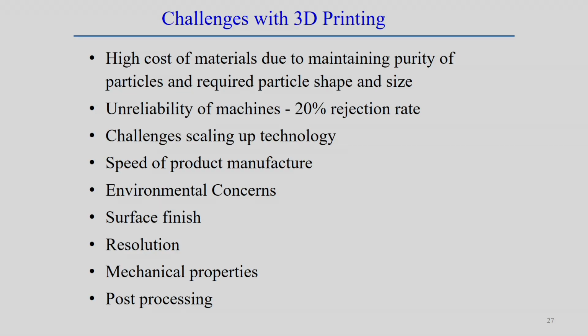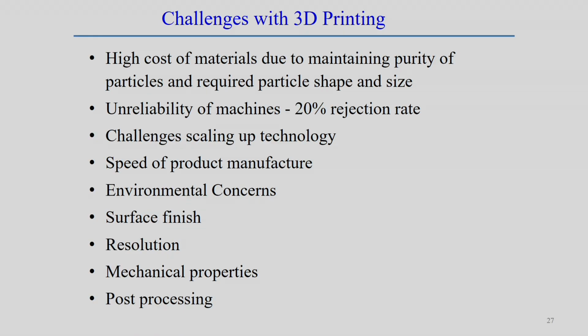So, achieving a surface finish without machining by using additive manufacturing technology is really a challenging task. Resolution of a printer means how fine a surface finish we can achieve, or how exactly we can replicate the CAD geometry of a particular object, and that decides the resolution of a printer.